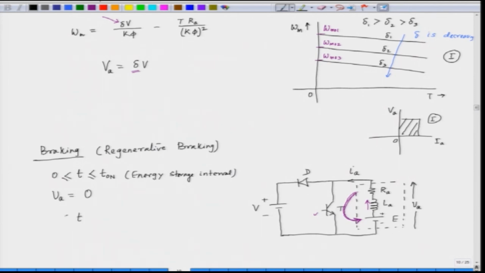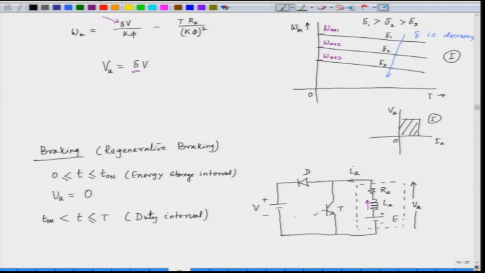When we turn off the switch, what happens? T on < t ≤ T. Now, this is called the duty interval. What happens when the switch is turned off? So, the current path is no longer present here. The current path is broken.